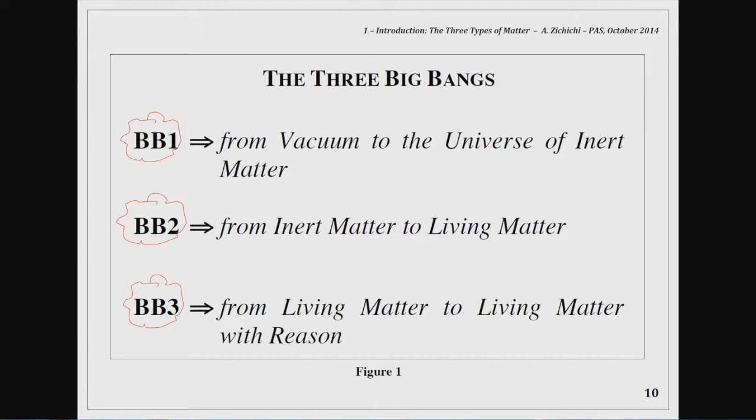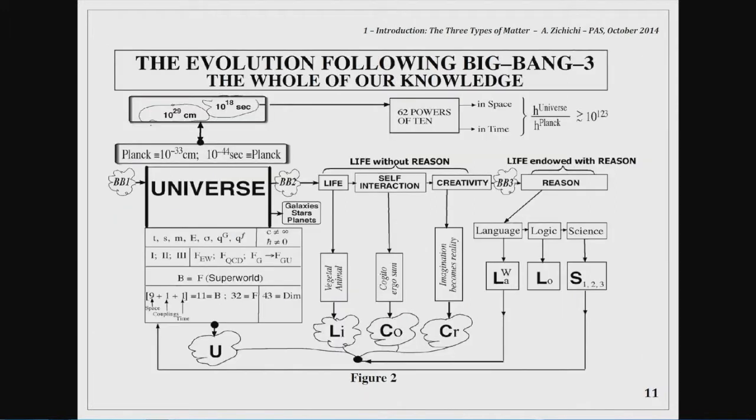Because with 10 to the 11, you can still have quantum relations between the pieces, because something must be interacting in all these pieces. BB3 is the Big Bang where you go from living matter without reason to living matter with reason.